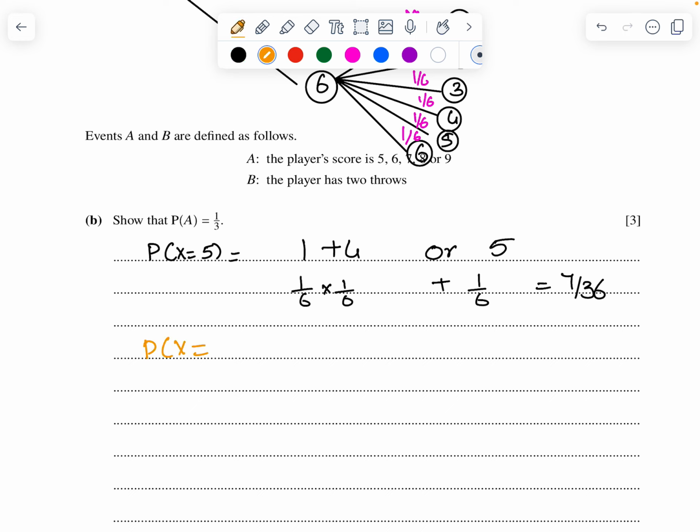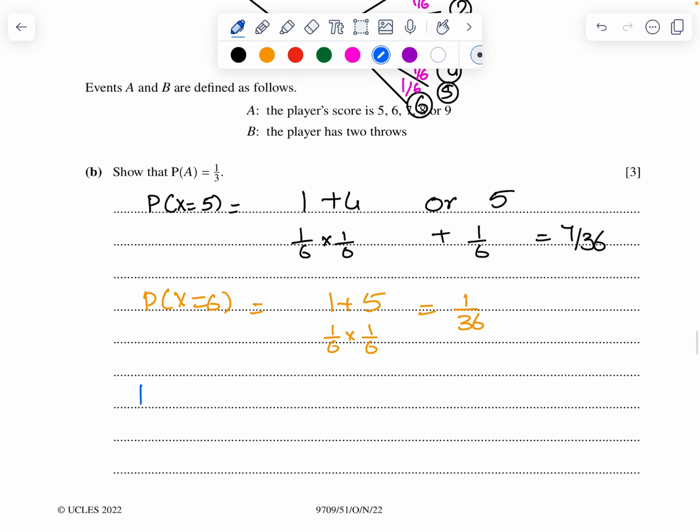Probability of X equals 6: this can be written as 1 plus 5, which is 1 upon 6 times 1 upon 6, which is 1 upon 36. Next, probability of X equals 7. It is 1 plus 6 or 6 plus 1. So it is 1 upon 6 times 1 upon 6 plus 1 upon 6 times 1 upon 6, which is going to be 2 upon 36.